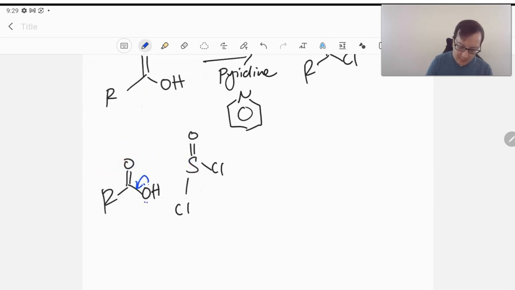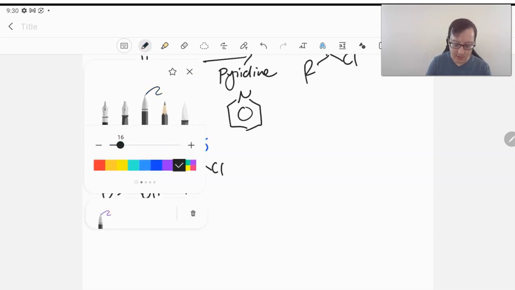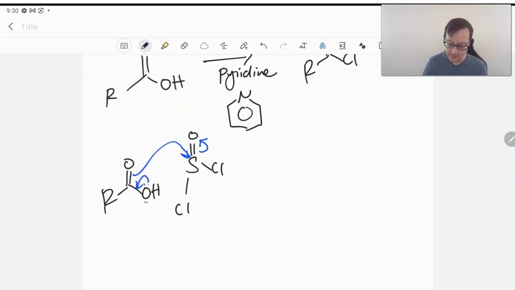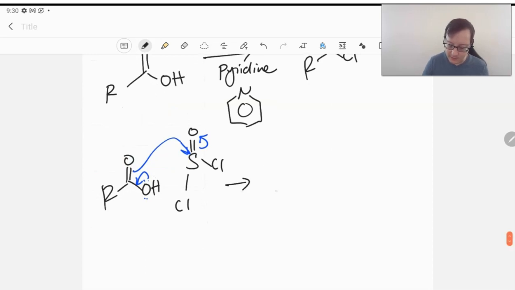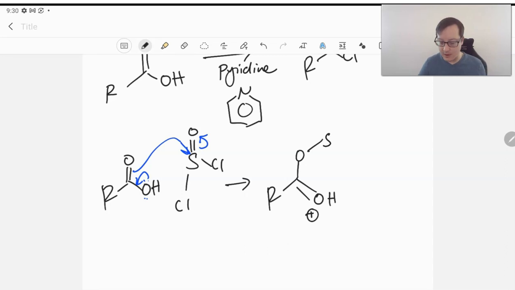We're going to have our double bonded oxygen, the carbonyl, attack our sulfur, condensing down to make sure we don't end up with any carbon positives here. In doing so, we form the oxygen-sulfur bond. We're going to have the O minus up here, and then we have two chlorines.